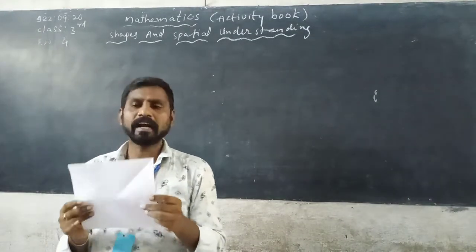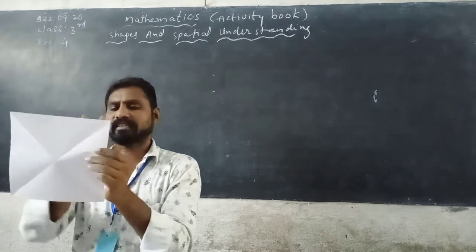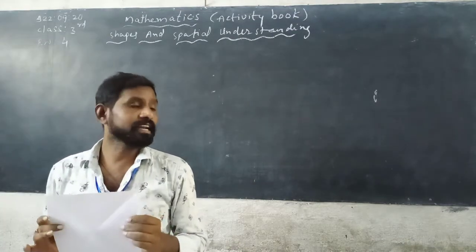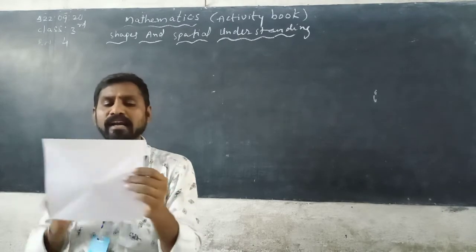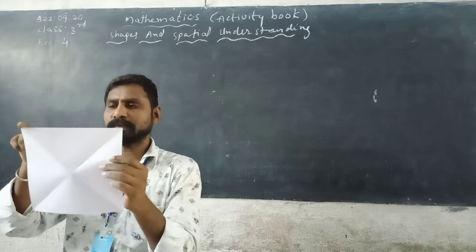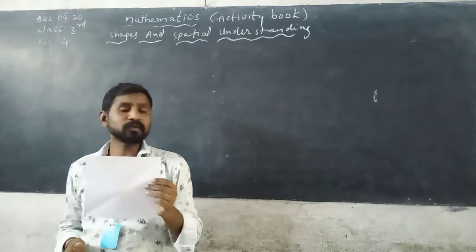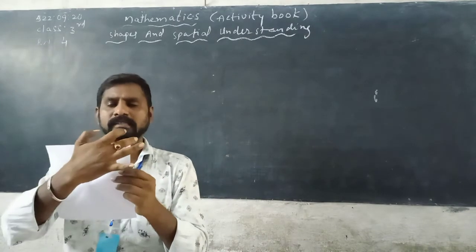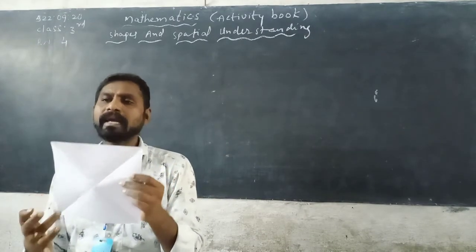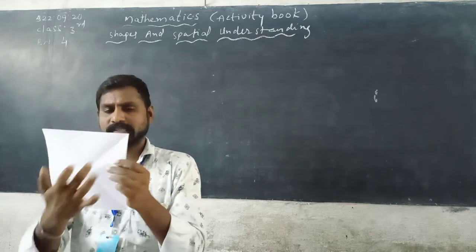So a square has four sides equal in length, and four corners. 1, 2, 3, 4 corners and two diagonals. We can join the opposite corners to make a diagonal.